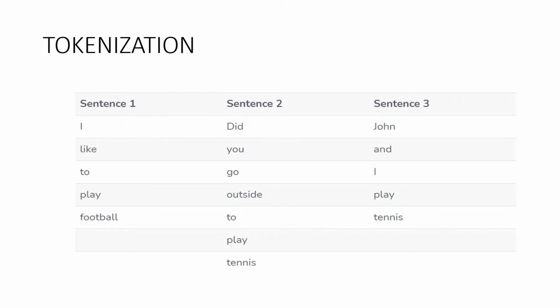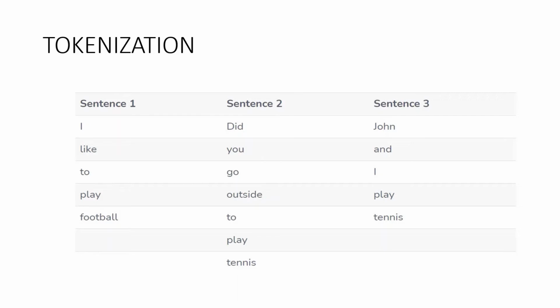Before implementing the TF-IDF scheme in Python, let's first understand the theory. We will use the same three sentences as our example as we used in the bag of words model. I like to play football. Did you go outside to play tennis? John and I play tennis.